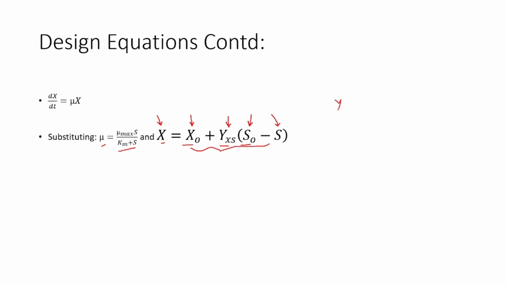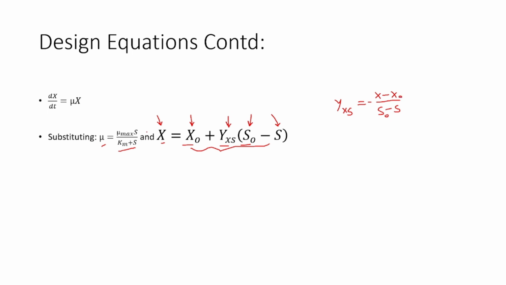If you look at my previous lectures on chemostat, you will see that I have defined Yxs as change in biomass by change in substrate. So this is taken as S naught minus S. By transposition you can easily get this.